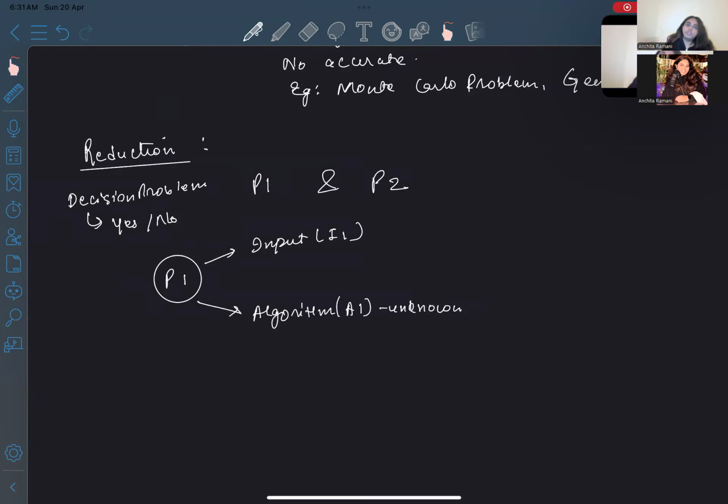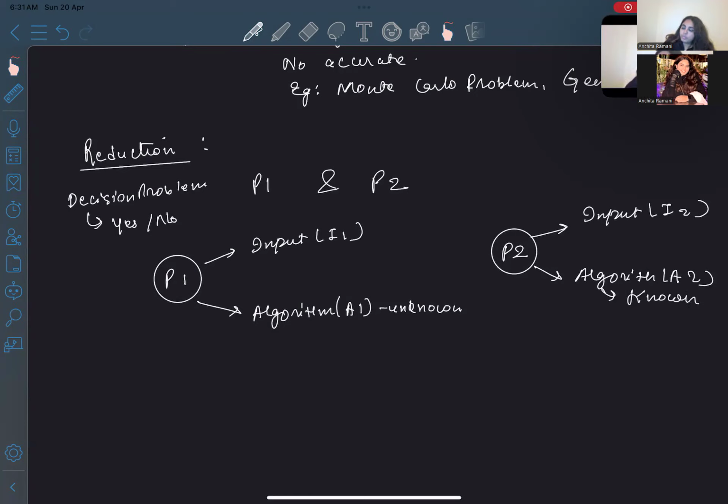We don't know what the algorithm is. And then there is a problem P2, which has some input, let's say I2, and it has an algorithm A2, which is known to us. We know the algorithm in this case.